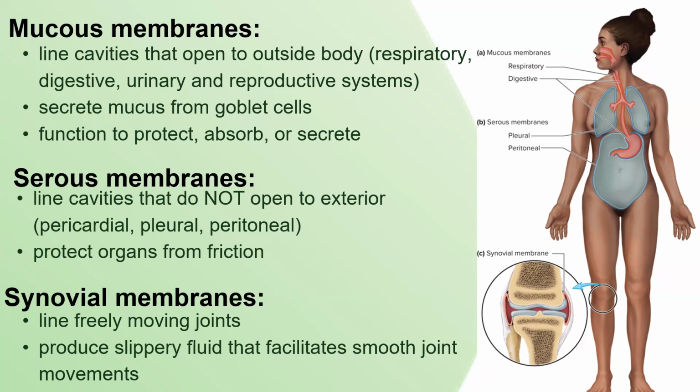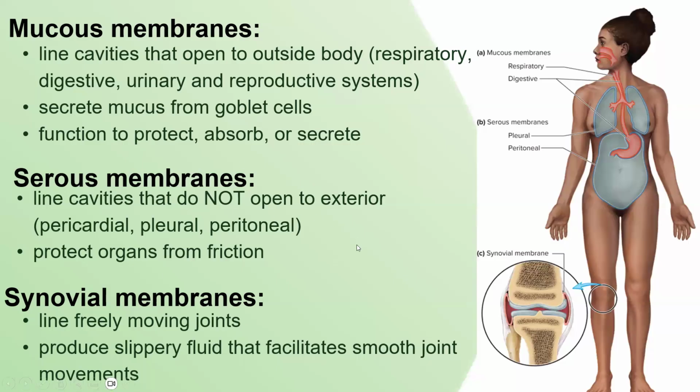We have dust and bacteria and viruses and other substances wanting to try to get into the body. And that mucus provides an environment that's not so ideal that can kind of catch some of those invaders. They can also absorb or secrete. So that's another function, and that goes along with our cuboidal and columnar cells as well. So that makes sense.